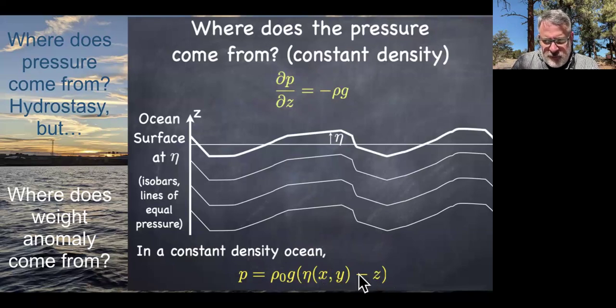So this whole formula depends on x and y and z, but eta only depends on x and y, the horizontal location. So if I ask about the horizontal gradient of pressure, it doesn't see z at all. There is no horizontal gradient in the z term, so that drops out. So the horizontal gradient of pressure is just given by the variations in eta, and we're going to use that a lot.